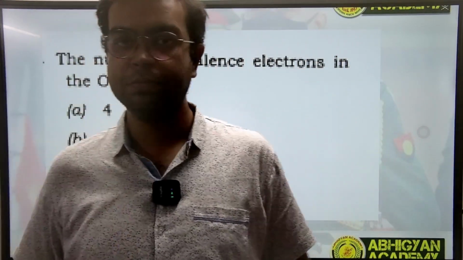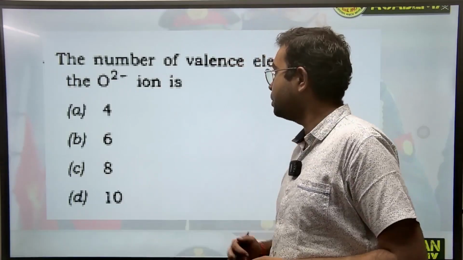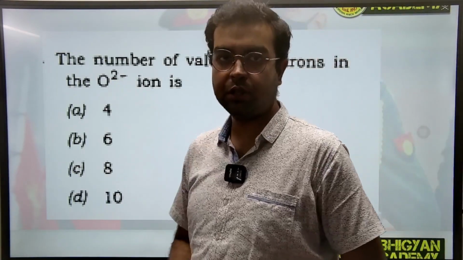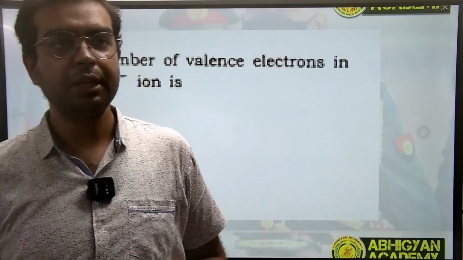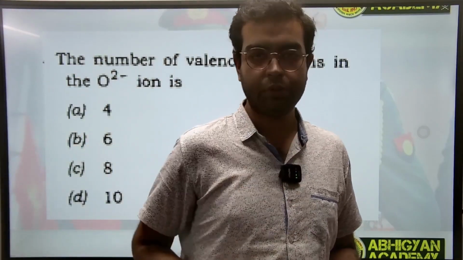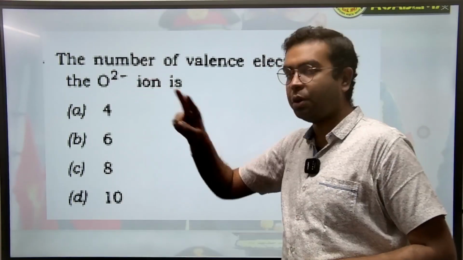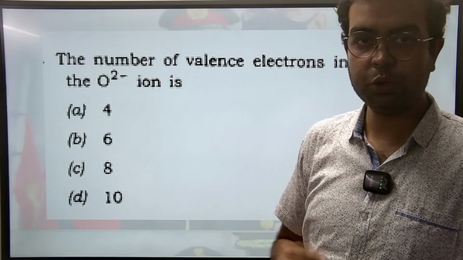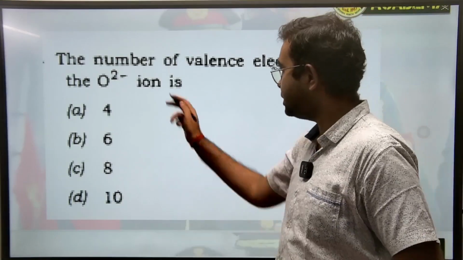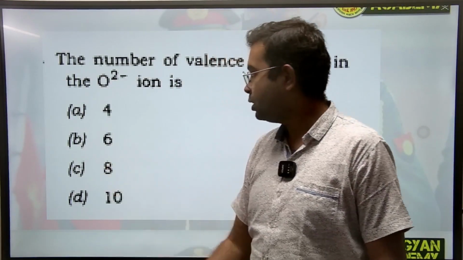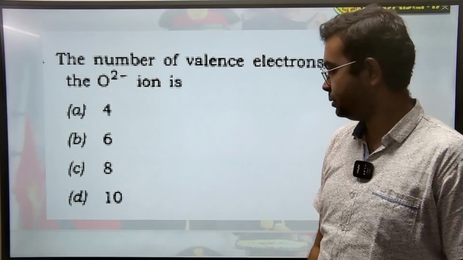So for oxygen, the number of valence electrons should be 6, but it is written as O2 minus. 2 minus means it has a negative charge of 2. Now what does that mean? That means that there is an excess of 2 electrons in oxygen. 2 extra electrons. So 6 plus 2 extra electrons gives you the answer as option C, 8.